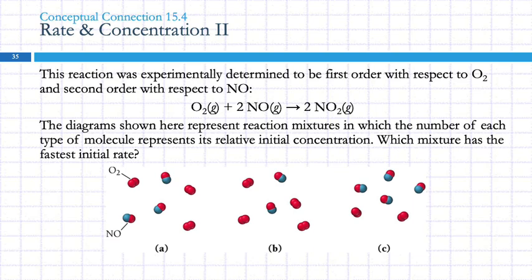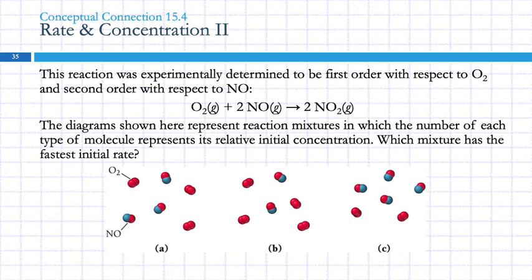Okay, back to a conceptual question. That was kind of some more math than some of you would like. It's okay. So here we're looking at this reaction between oxygen and NO. And the diagrams represent the reaction mixtures in which the number of each type of molecule represents its relative concentration. And they're telling us this is first order for O2 and second order for NO. They're asking us, which of these mixtures has the fastest initial rate?